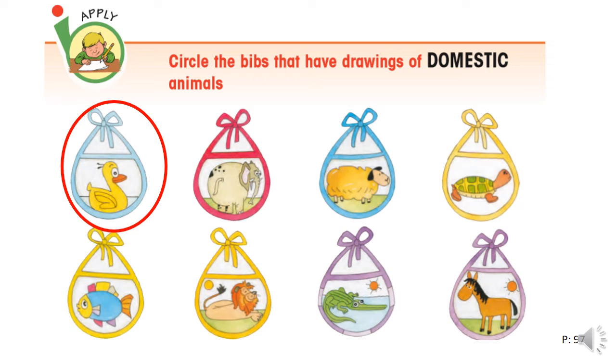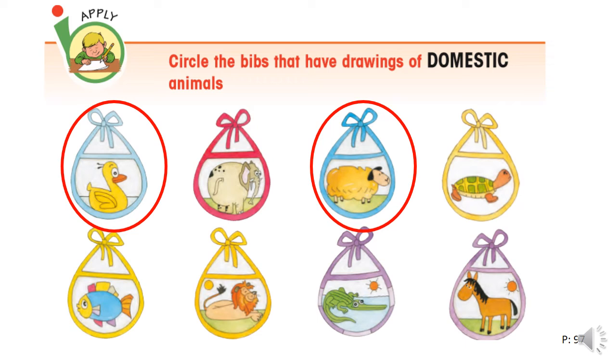Sheep? Yes. Turtle? Can I bring the turtle to my garden and care about it? No, it can live alone. It doesn't need any care from us, so it cannot be a domestic animal. This is a wild animal, so I must not circle it.